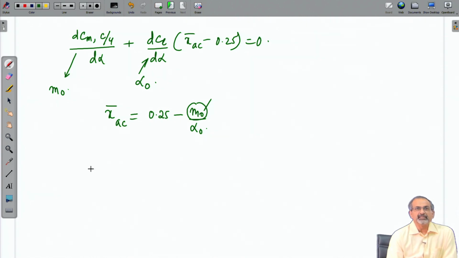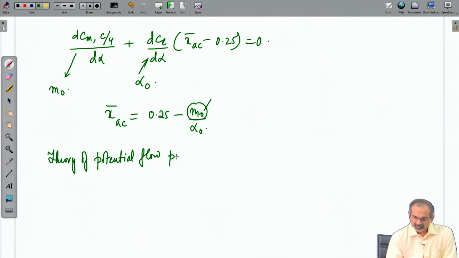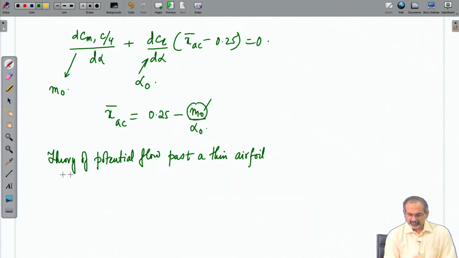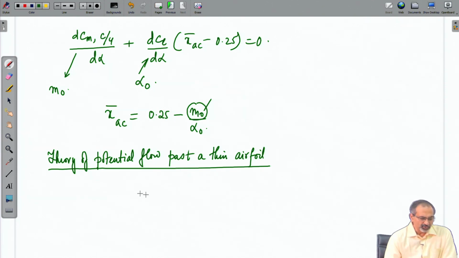So, we discussed the significance of aerodynamic center. Now, we will try to develop a theory of potential flow past a thin airfoil. That means an airfoil whose thickness is not a very large value with respect to the chord length. And in order to look at this theory, we need to revisit our elementary flows.